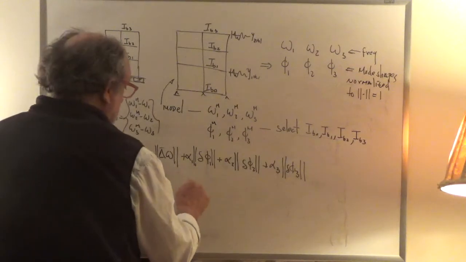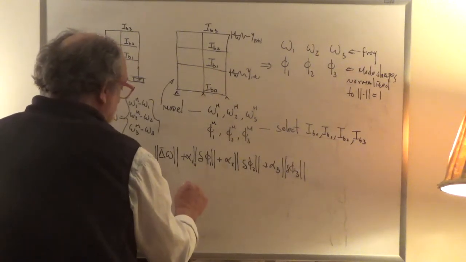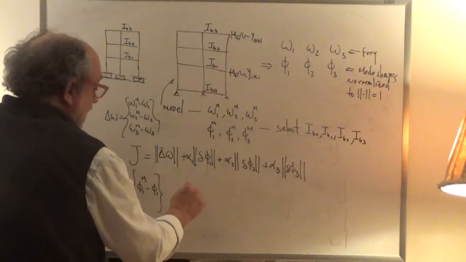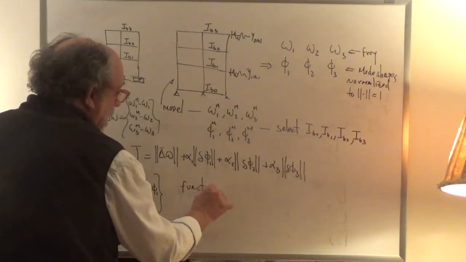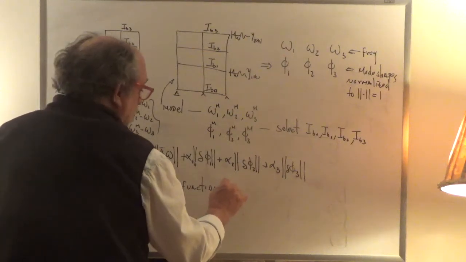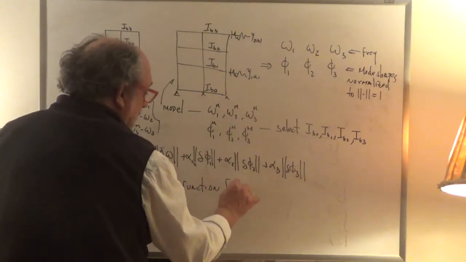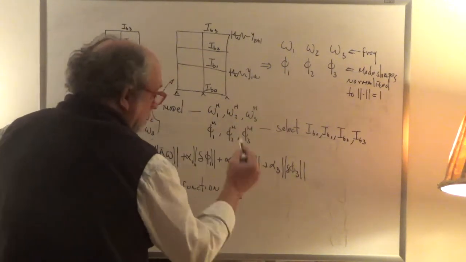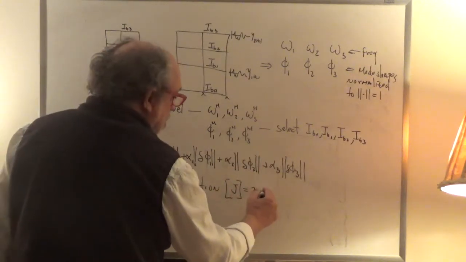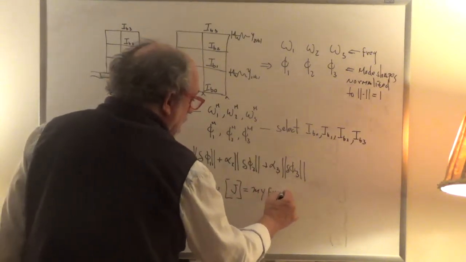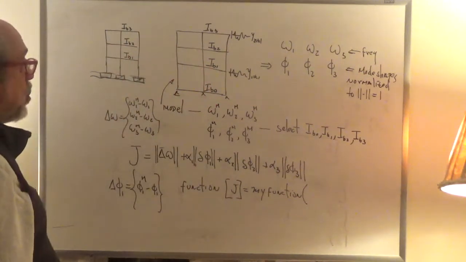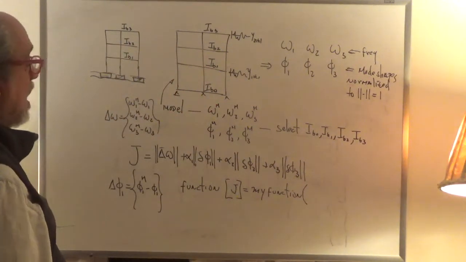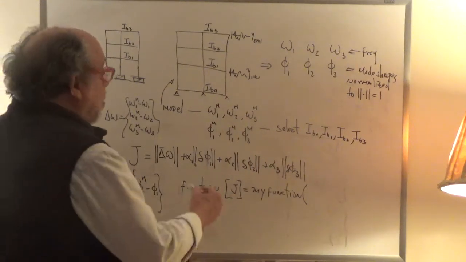So what you need now is the same thing that you've done in your model updating code. You need to write a function whose output is j and has a name, my function. And the input to that function must be the parameters that you want to change.